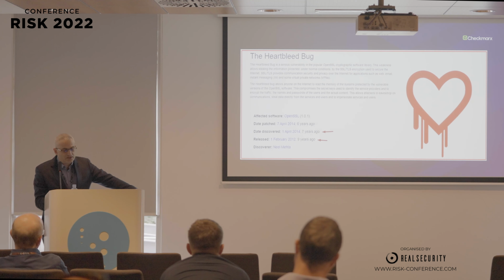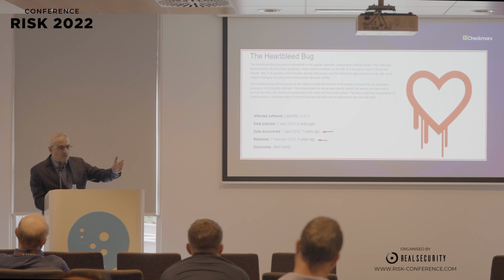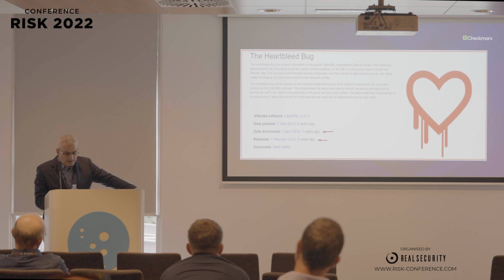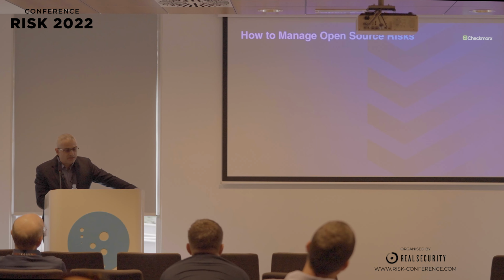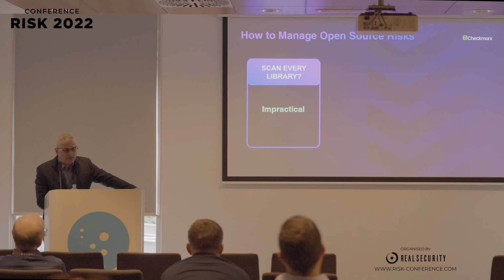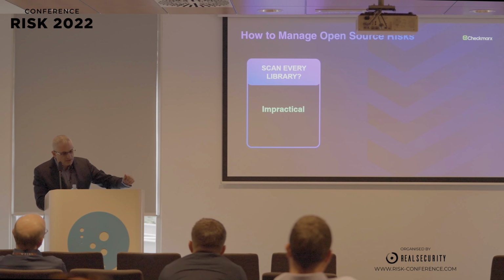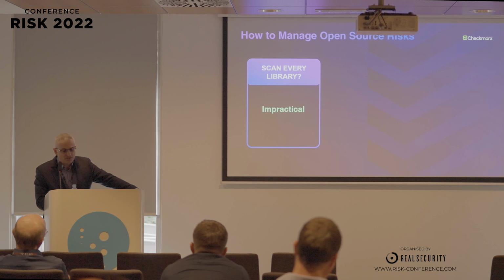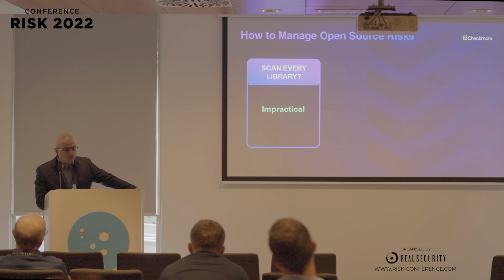It was a very significant issue, and we remember Log4j that occurred just a few months ago. So an open source library can have a very significant effect on our system if it's compromised. It's impossible to scan every library.